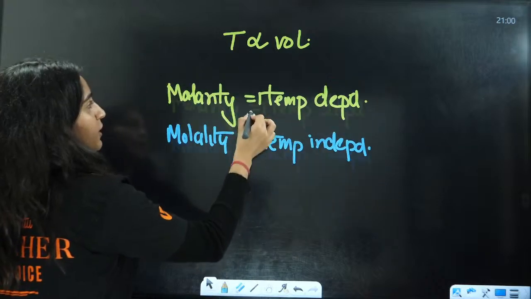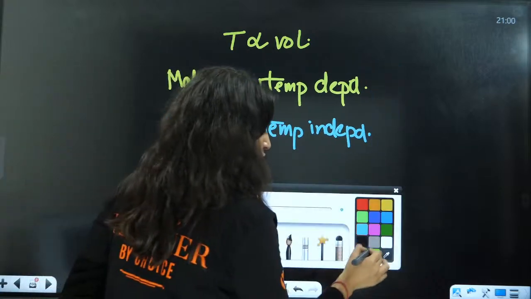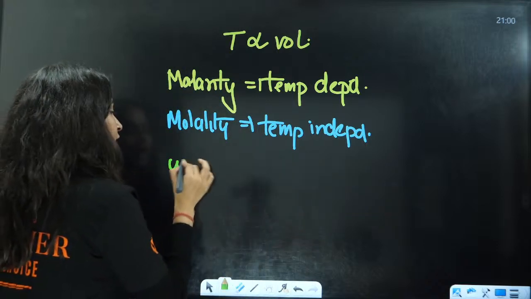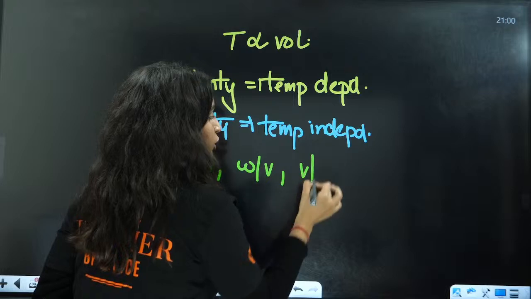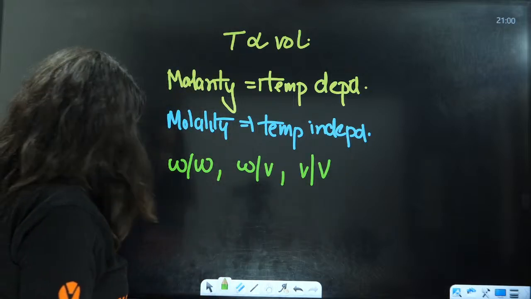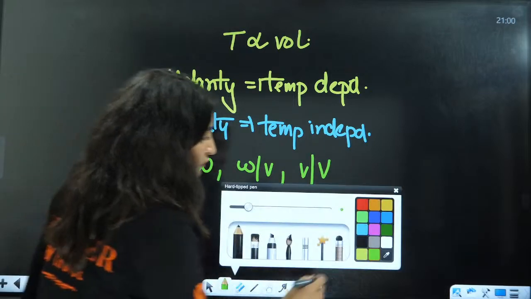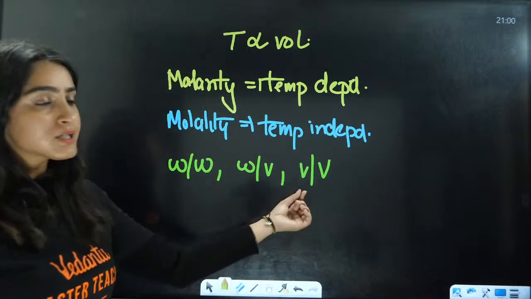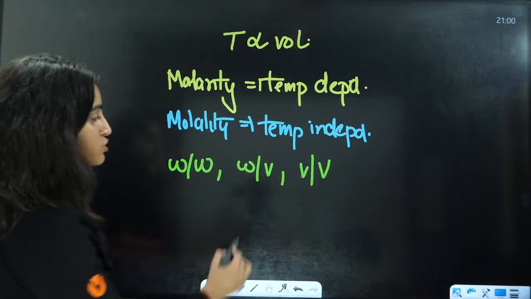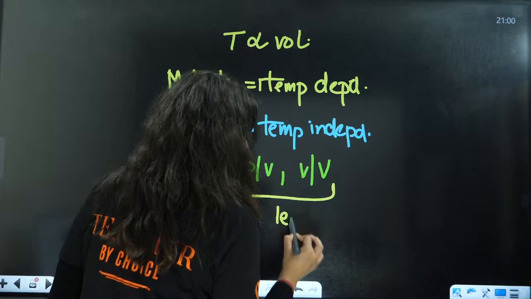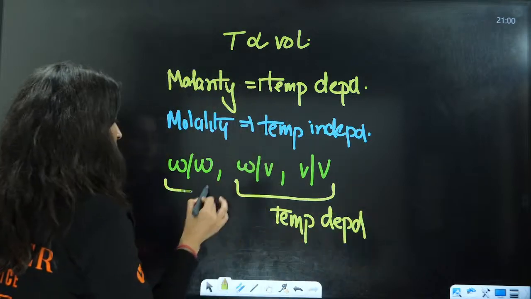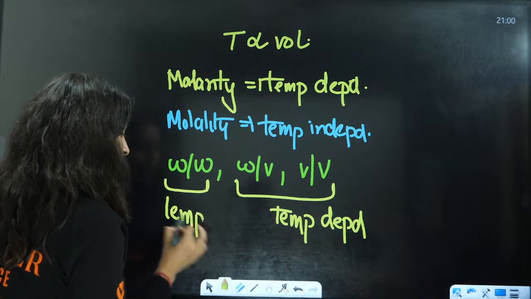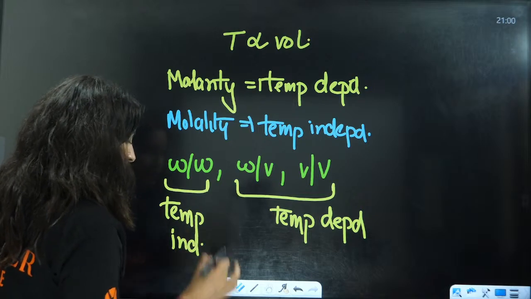Now tell me, I'm writing a few formulas here. Weight by weight, weight by volume, volume by volume, right? Out of these, the ones that depend on volume are going to be temperature dependent, and the others are going to be temperature independent.